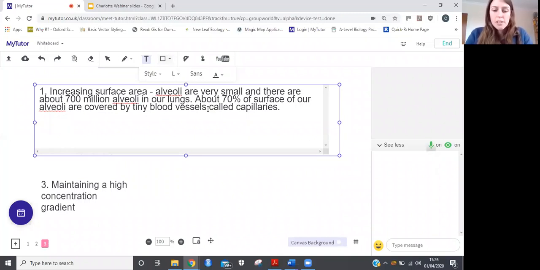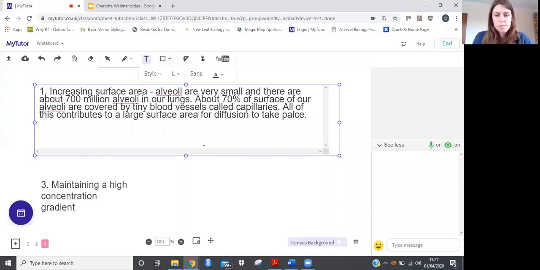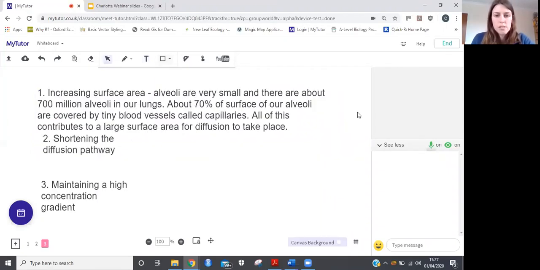So the size of the alveoli and the number of the alveoli and how much of their surface is covered by capillaries all contribute to there being a huge surface area for diffusion to take place across. Okay. So that's that first point there.